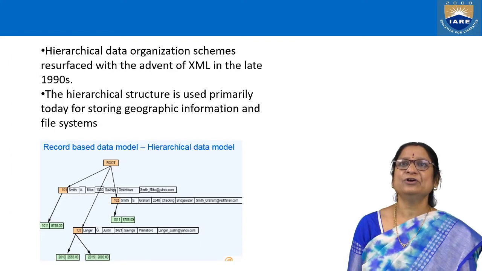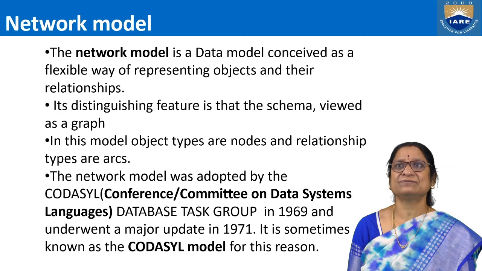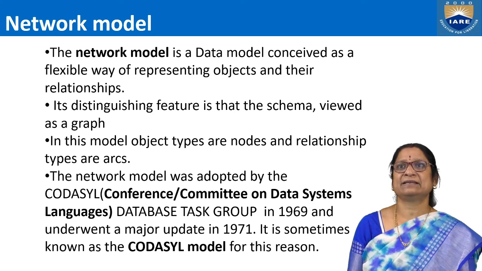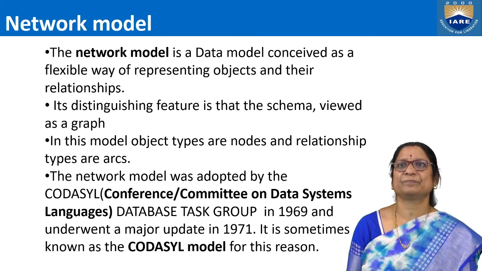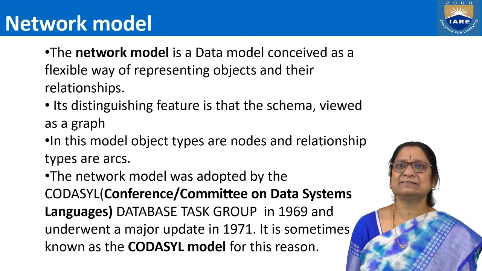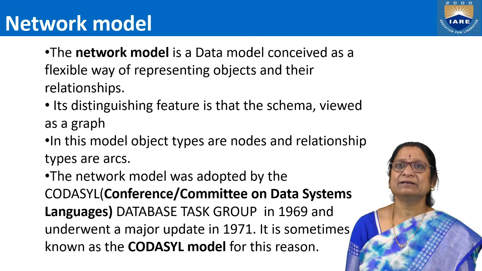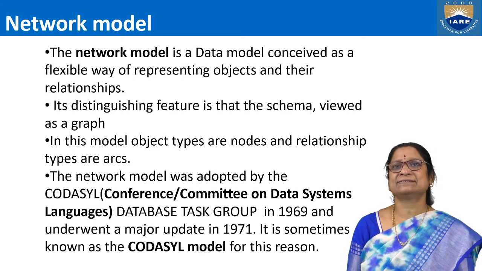So to avoid this lot of repetition happening in the hierarchical model, network models were introduced. In the network model, the data is represented as records and the relationships are many-to-many. That means this model is viewed just like a graph.